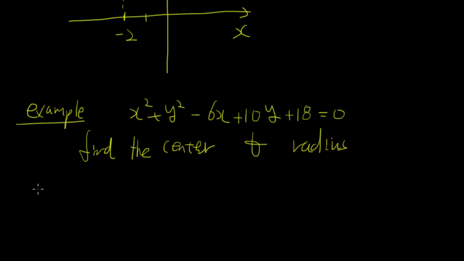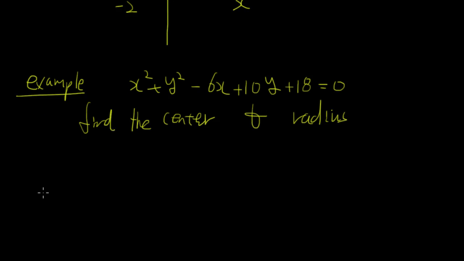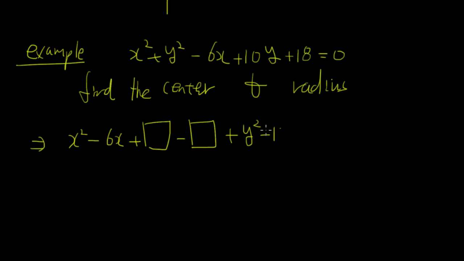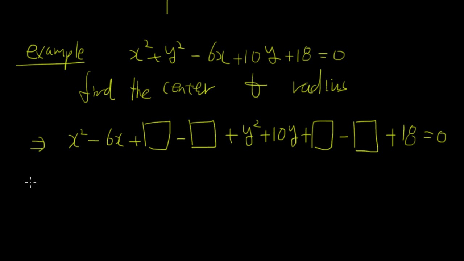So, why don't you pause the video and try this and see if you can do this, right? Well, so we're gonna write this x together plus box minus box, y squared plus 10y plus box minus box, plus 18 equals 0.